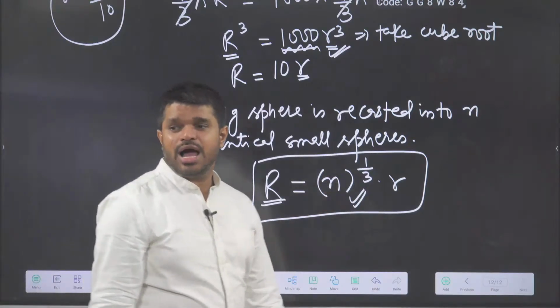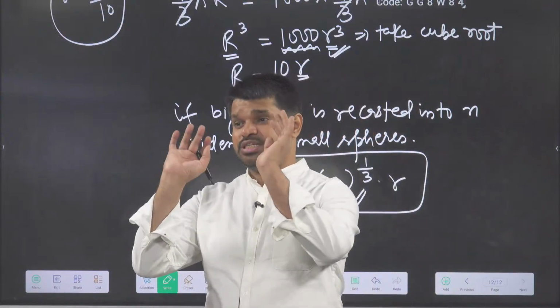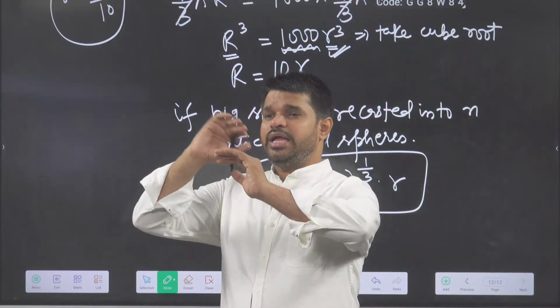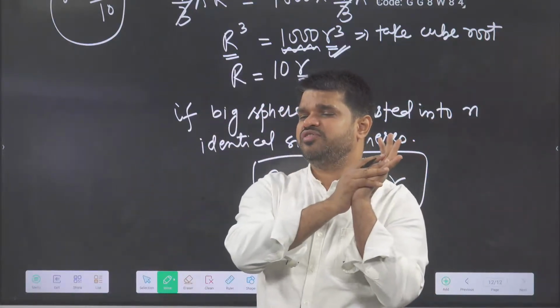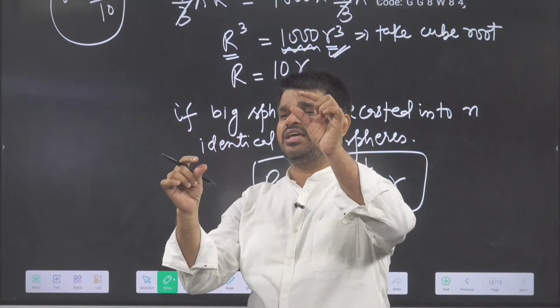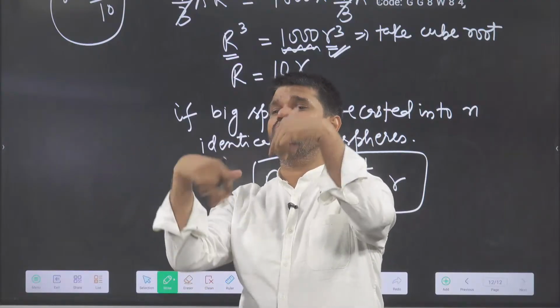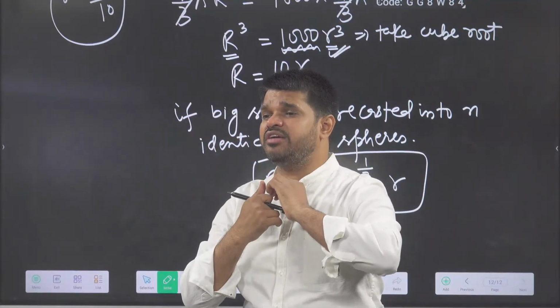equals this. Acha, one thing, just tell me yes, no. If there is a big sphere, if I recast into small spheres, or if multiple identical small spheres combine to make a big sphere, will the mathematical approach be same or different?